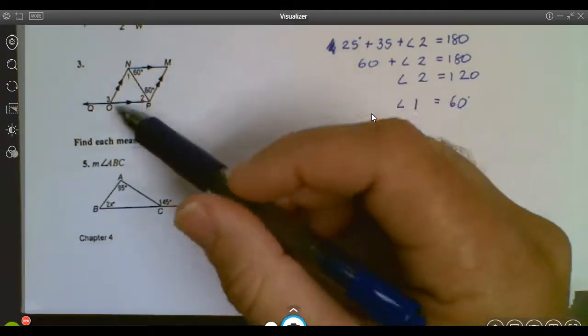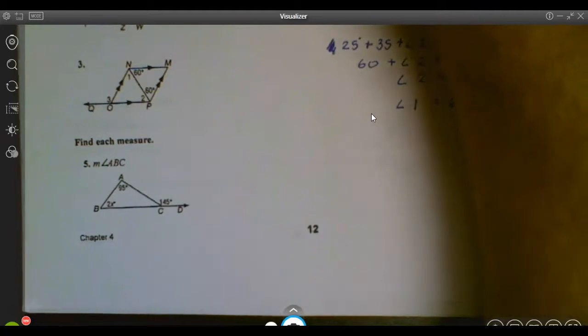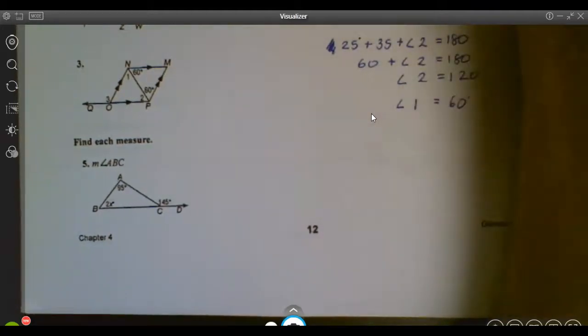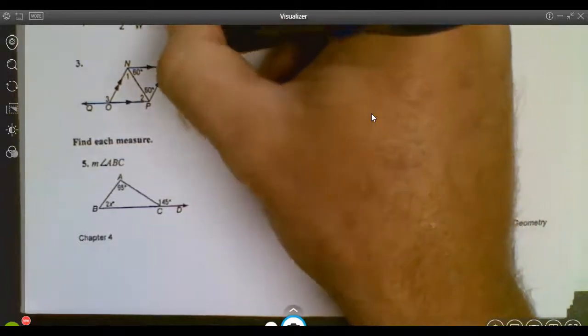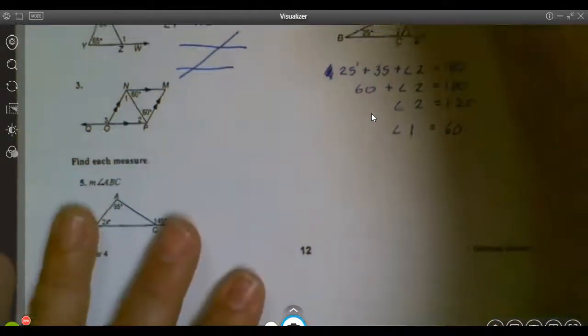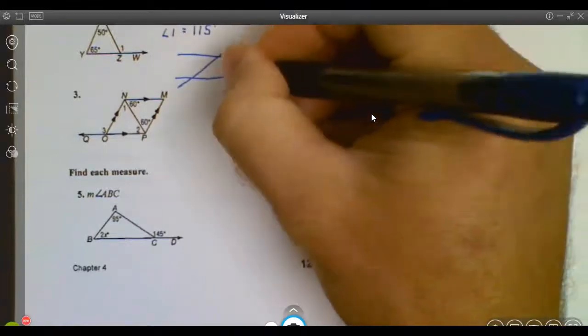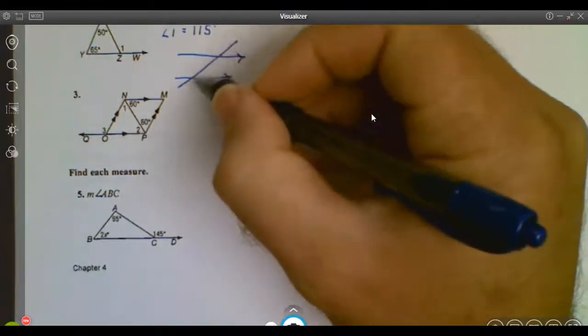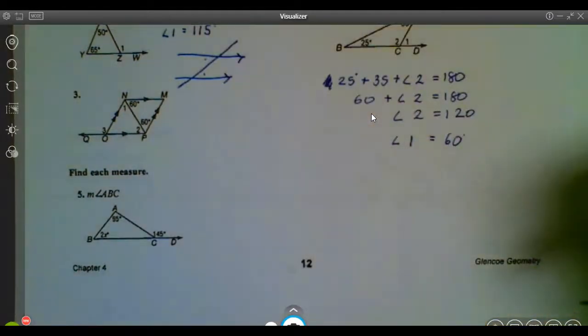So this one is taking us back to what we learned in chapter 3, which is the idea of parallel lines. And this will come up in a big way for the rest of this chapter. So I want you to remember a couple relationships. Here was the main drawing that we dealt with in chapter 3, right? Looked like this, where you had some parallel lines cut by a transversal. And so we had things like alternate interior angles, and we know those are congruent.